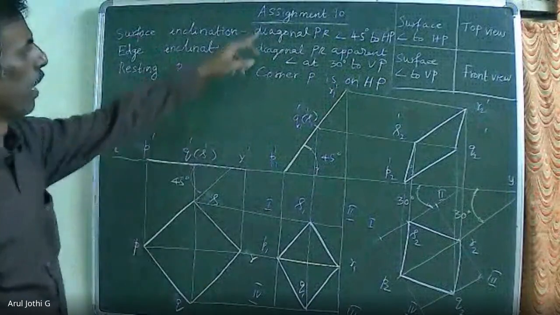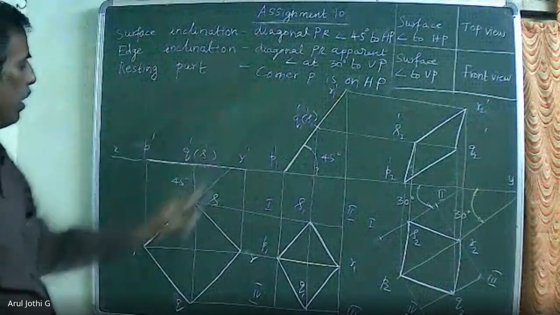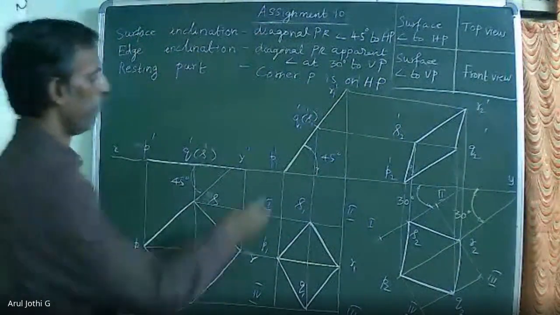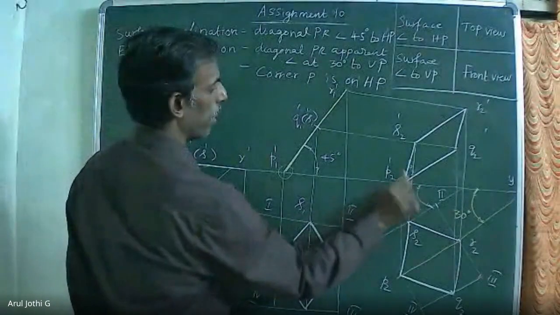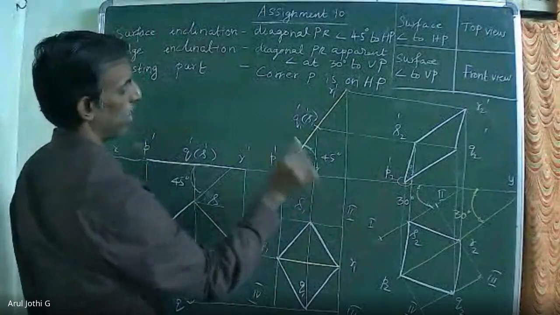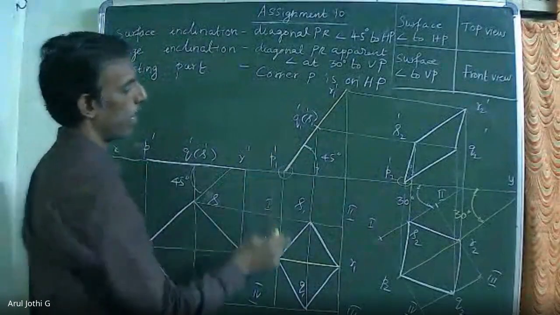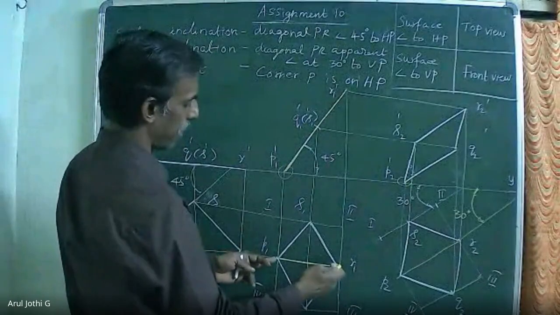Now, diagonal PR is inclined 45 degree to HP. Corner P is on HP, P1 dash resting on HP. Now look at the diagram here. Corner P is resting on HP. Diagonal P1 dash R1 dash is inclined 45 degree to HP. The same diagonal PR, apparent length is available.